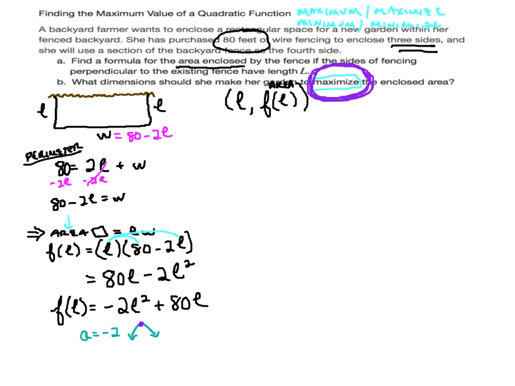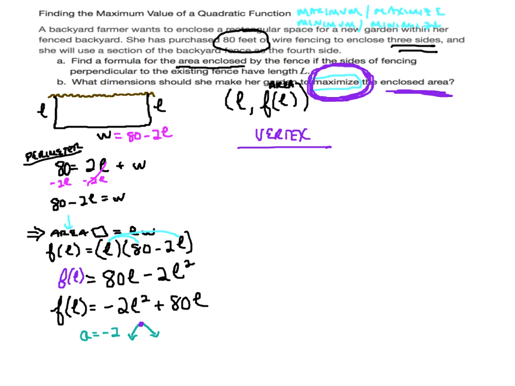So it needed to open downward so that I'm finding a maximum. All right, so that's what I'm going to do. I just need to find the coordinates of my vertex, and I need the y coordinate, or the f of L coordinate, to know what that maximum area is.